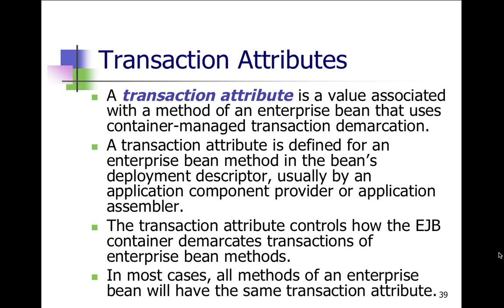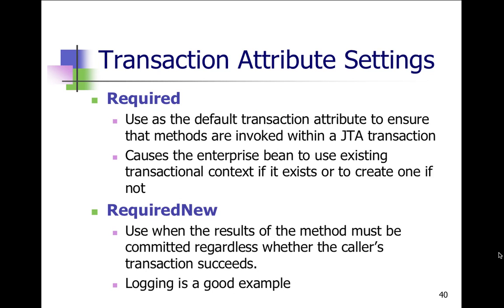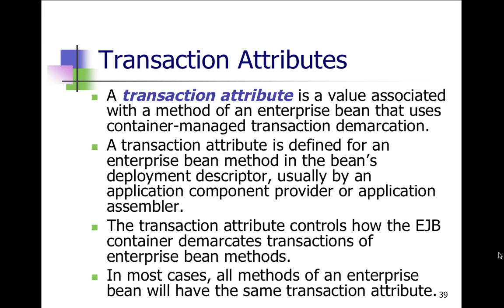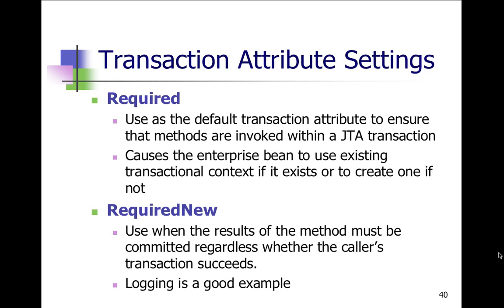So we're basically setting the blueprint, the template, the attributes, the information that we're going to be looking for per bean activity, and we're giving it to the transaction manager from a container level. In most cases, all methods of the enterprise bean will have the same transaction attribute. Otherwise, you're really nitpicking if you give each method a different transaction attribute.